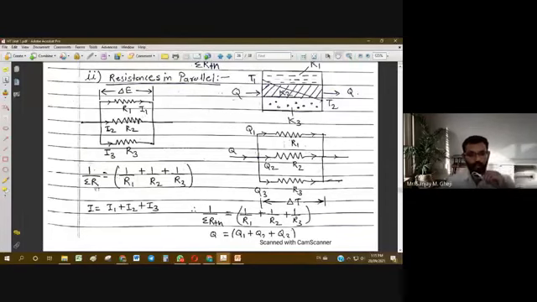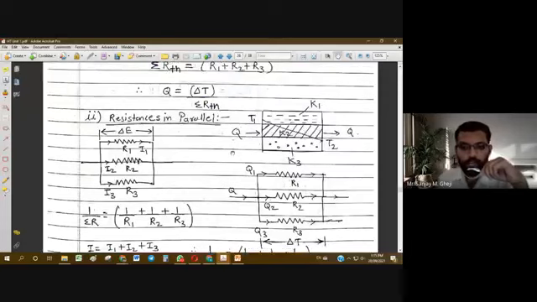So the reciprocal of total resistance is equal to the sum of reciprocals of individual resistances. And the total current is the sum of all three: I1 plus I2 plus I3.